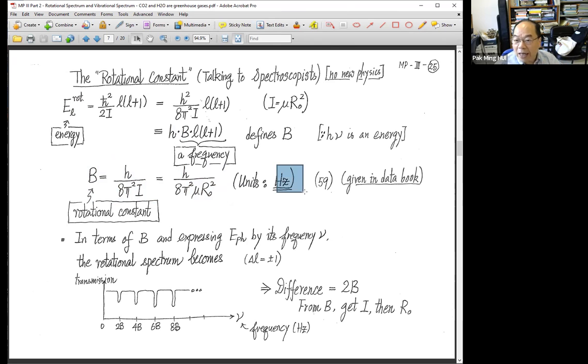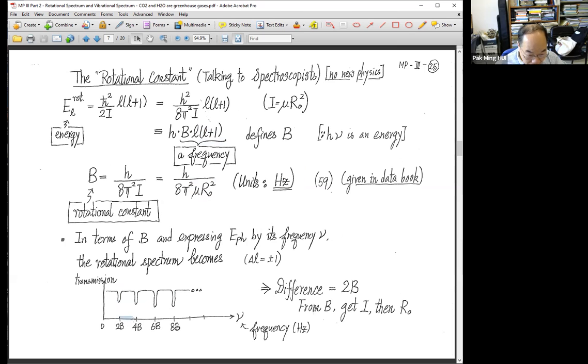You can look at it in data books. Different molecules, they will give you a number. Okay? You have to check what units are being given. If it is given in Hertz, it is referring to this thing. Okay? But the physics is the same. If you express it this way, the transmission spectrum will be, again, evenly spaced.